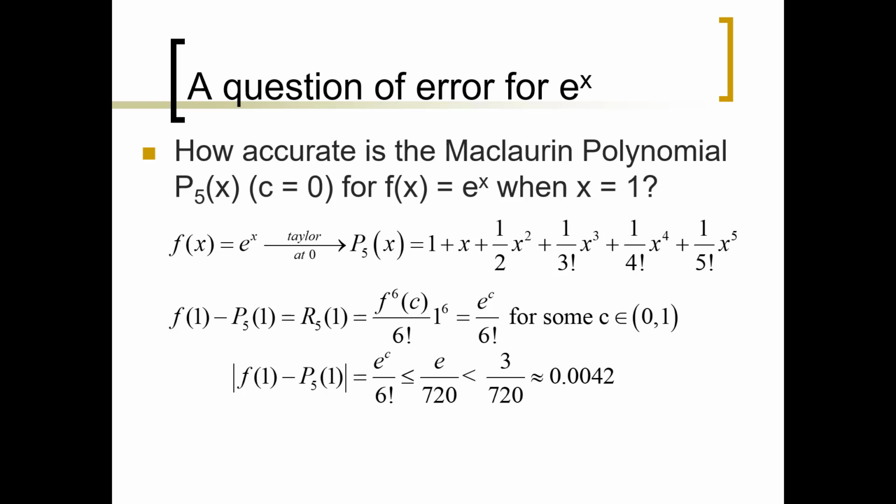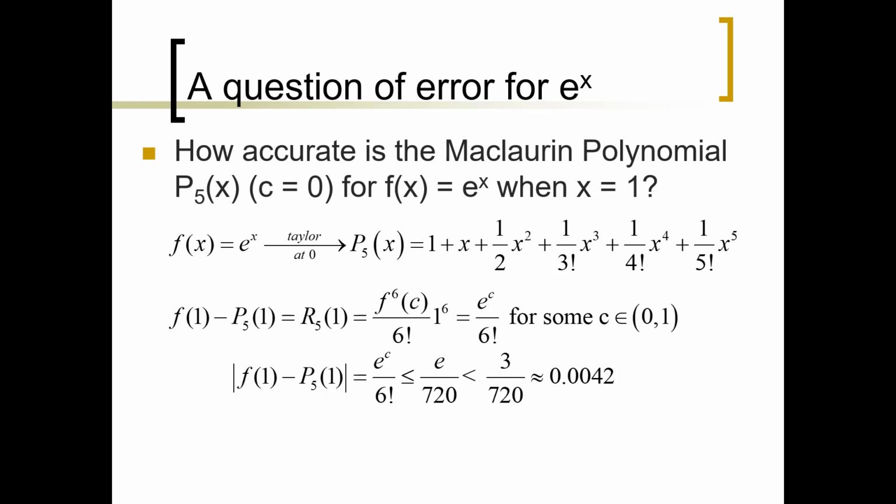So in absolute value, the overall error between the function at 1 and the approximation by evaluating this Maclaurin polynomial at 1 is equal to the absolute value of e to the c over 6 factorial, which is just that because it's positive. We know that e to the c varies as c changes, but c can only go from 0 to 1, and we know the function e to the x is increasing.